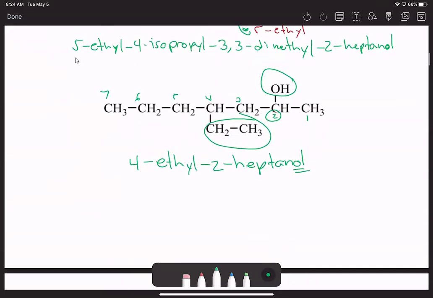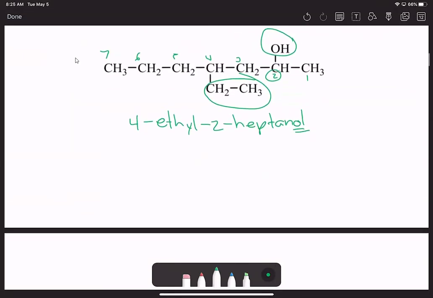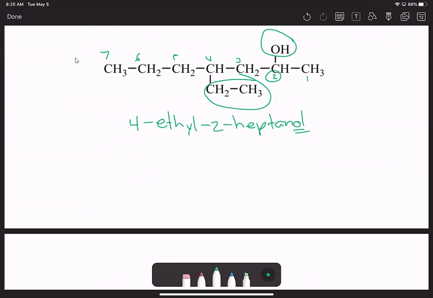And now you're going to see a slight difference when we're talking about ring structures. So here, this would be cyclopentane. And then if we happen to put an alcohol on it, well, it's still the same process.